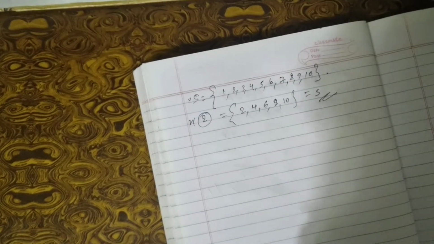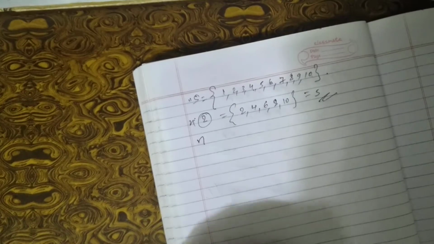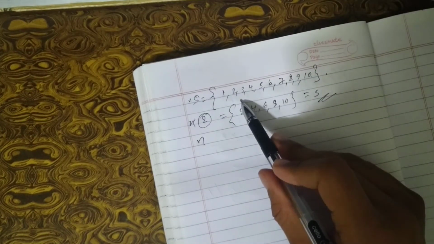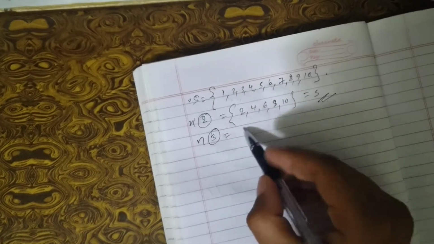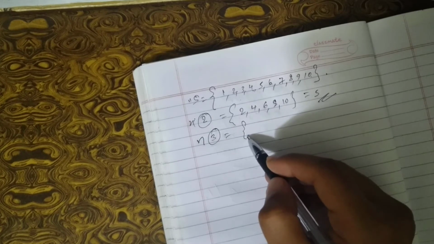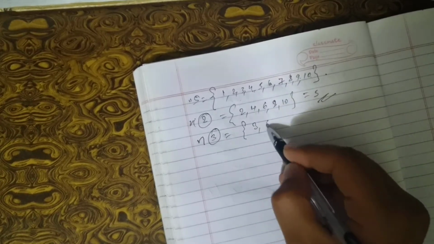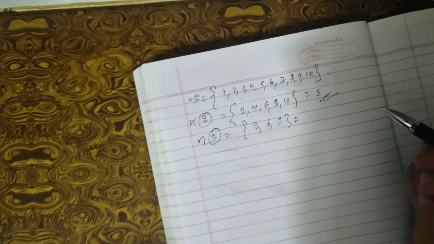What we also need to look at is the commonalities within it. When we are speaking about numbers divisible by 3, the numbers are 3, 6, 9.